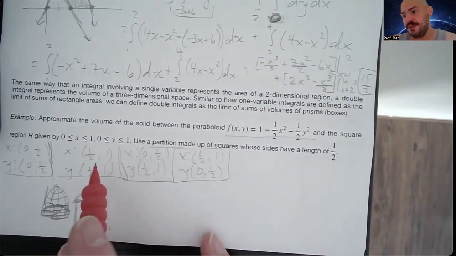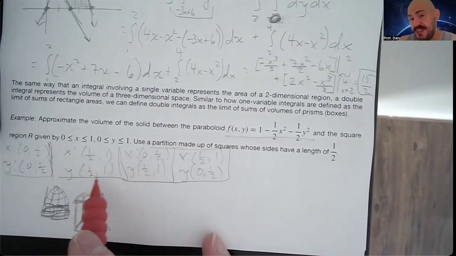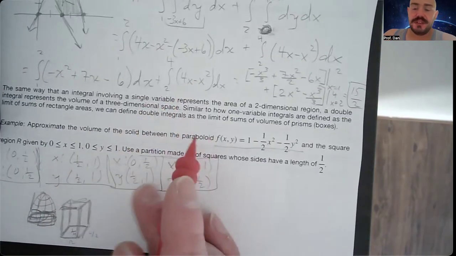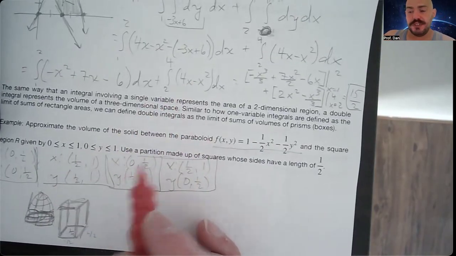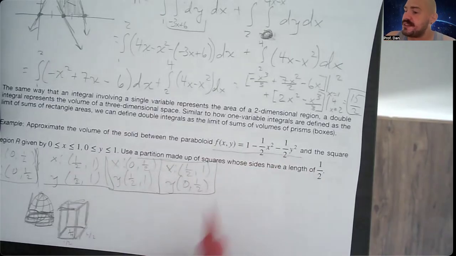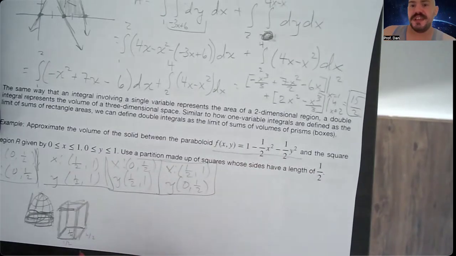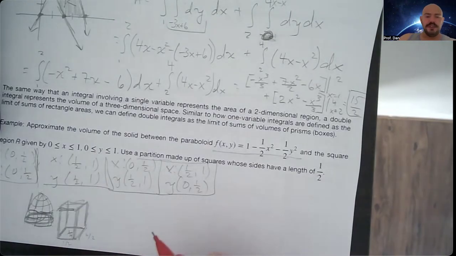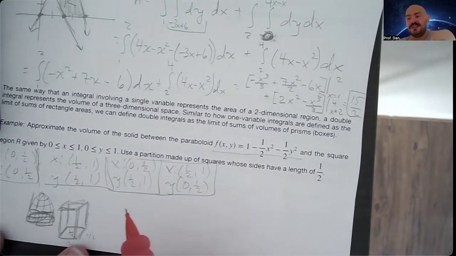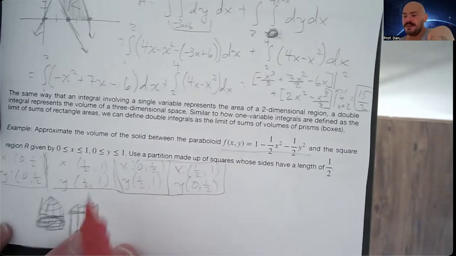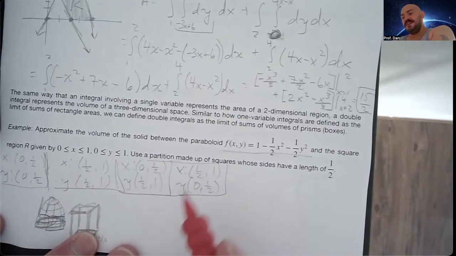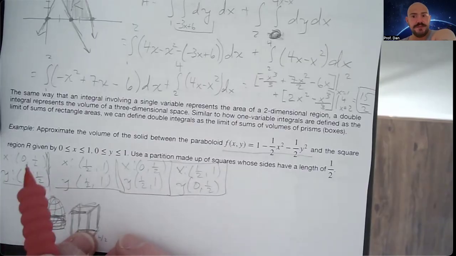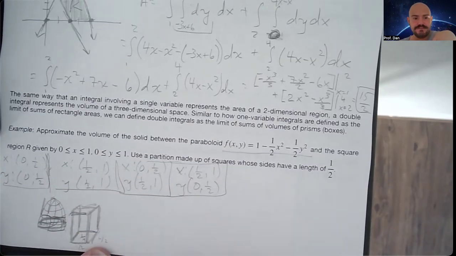So x can be anywhere between a half and one, y can be anywhere between a half and one. So we can pick something that's one of those endpoints. We could pick something that's in the middle of the interval, right? And they'll all give us different answers, and they'll have varying amounts of accuracy, right? So let's say I do the equivalent of a left-hand Riemann sum, where I use the values that are on the left for both variables.